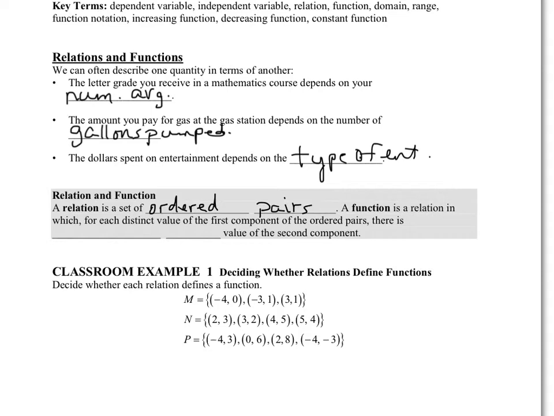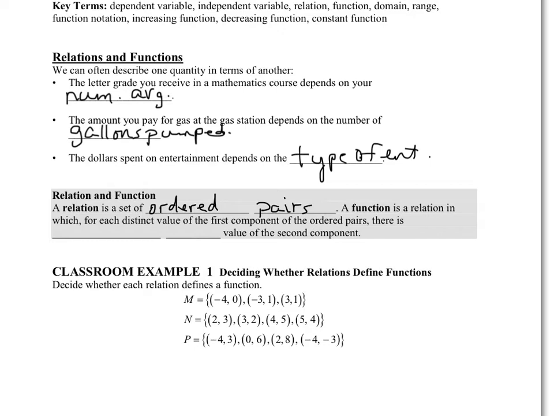You could look at a budget, and so a category for a budget item could pair up with a particular dollar amount, and that's still a relation. You have a particular relationship between those. Most of the time when we work with these items, we will probably be looking at sets of numbers. So if we can form an ordered pair, we have a relation.